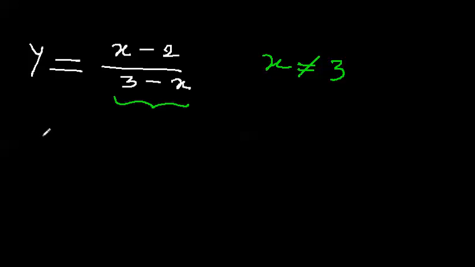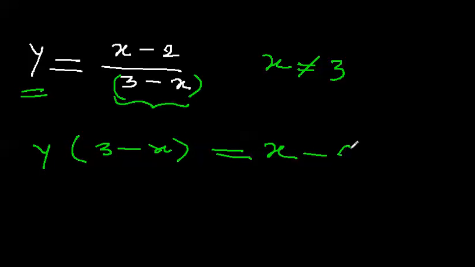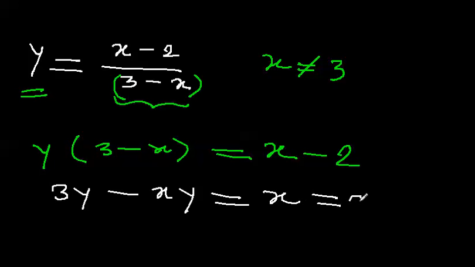Okay, we'll see how to find the range now. For the range, we have this function as y equals something in the form of x. Similarly, using the same equation, obtain the value of x from this. I'll do simple mathematical steps: y multiplied by 3 minus x equals x minus 2, and then this is 3y minus xy equals x minus 2.